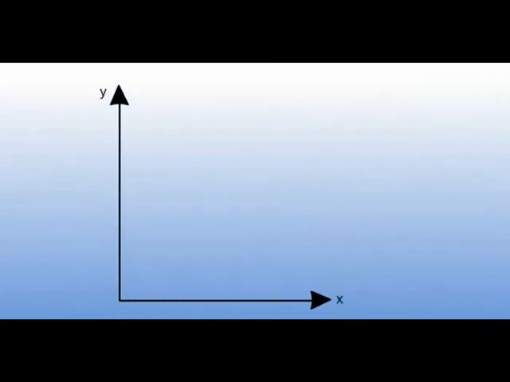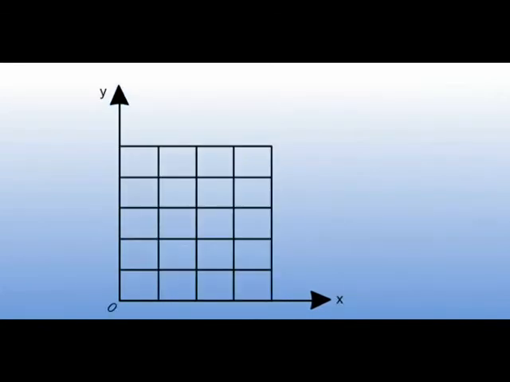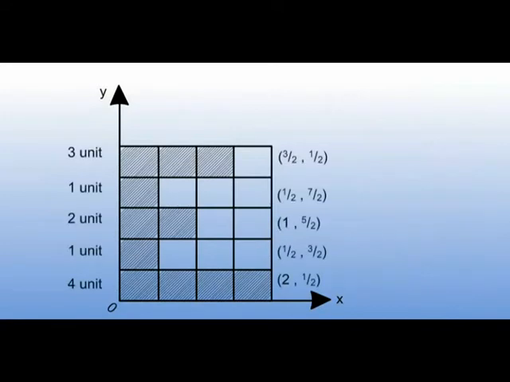Now let's take a solved example. So here we need to find out the center of mass of the shaded region. Here the mass of each square is 1 unit, and the length of the side of each square is also 1 unit.